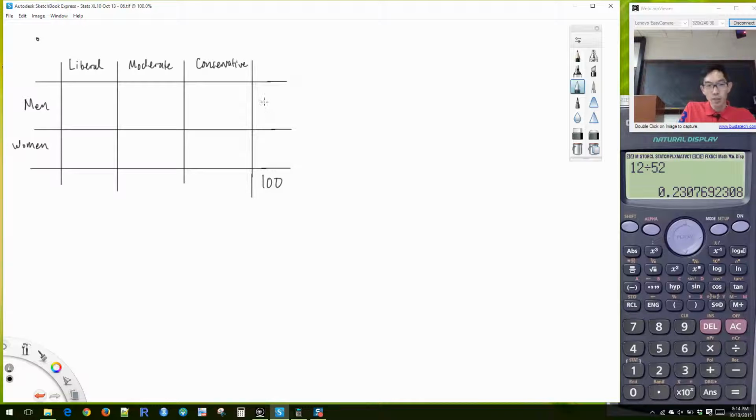Let's say 46 are men, 54 are women, and I have no idea what numbers to put in this thing, but let's say 25 women say they are liberal, 20 say they are moderate, so what does that leave me? 9 who say they are conservative.